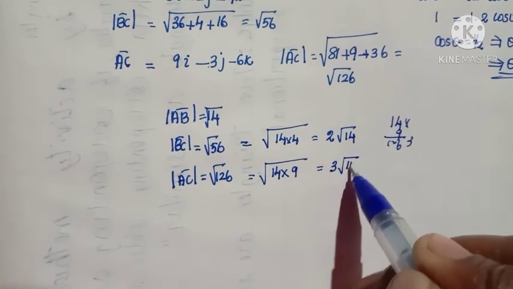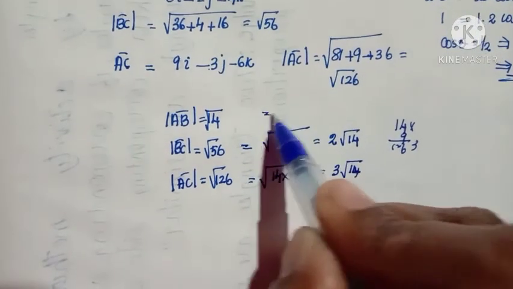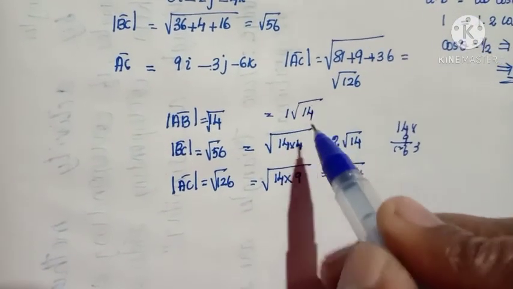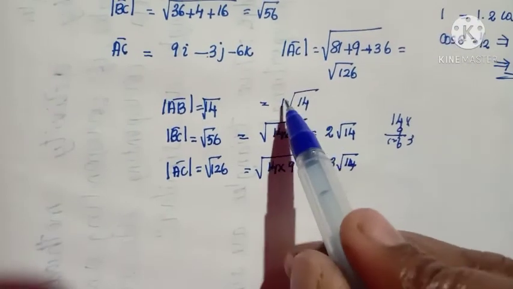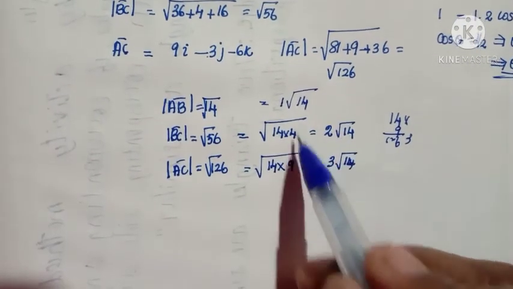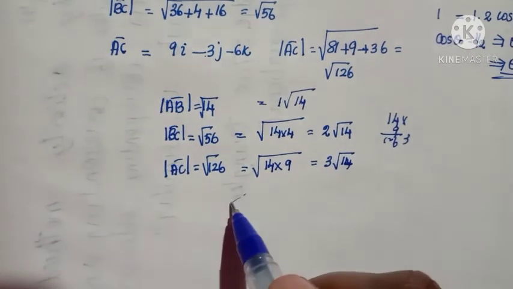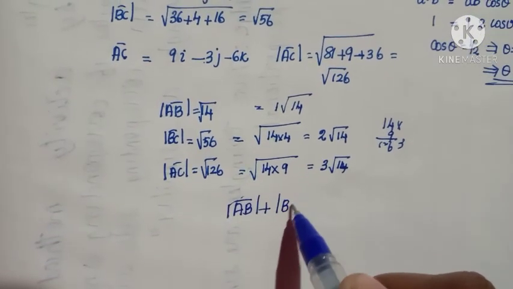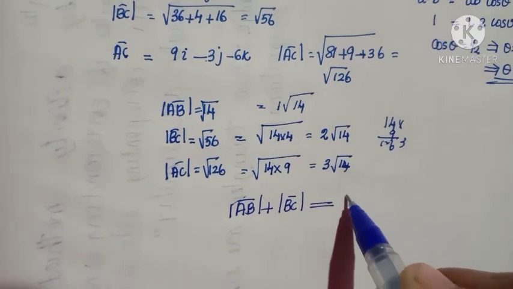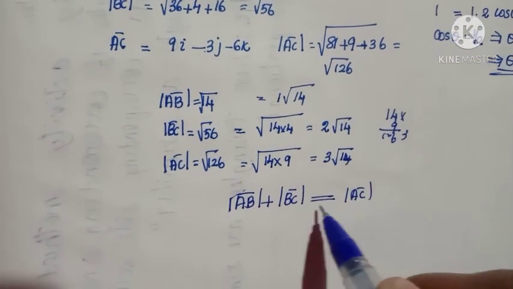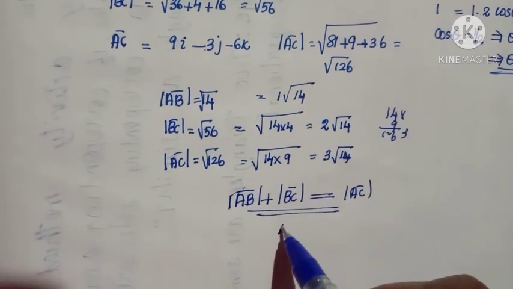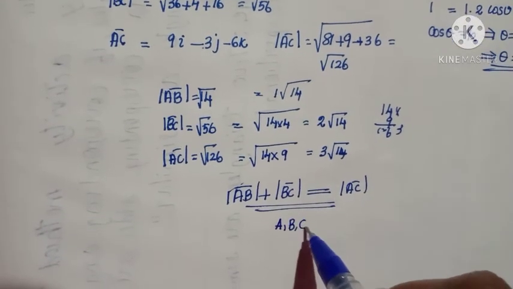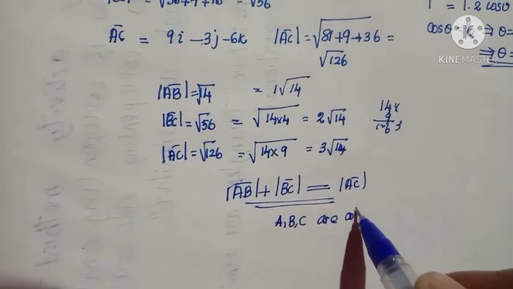So it is 3 root 14. Root 14 means 1 into root 14. So adding these two, 1 root 14 plus 2 root 14 gives 3 root 14, isn't it? That is, magnitude of vector AB plus magnitude of vector BC equals magnitude of vector AC. That means the given 3 points A, B, C are collinear points.